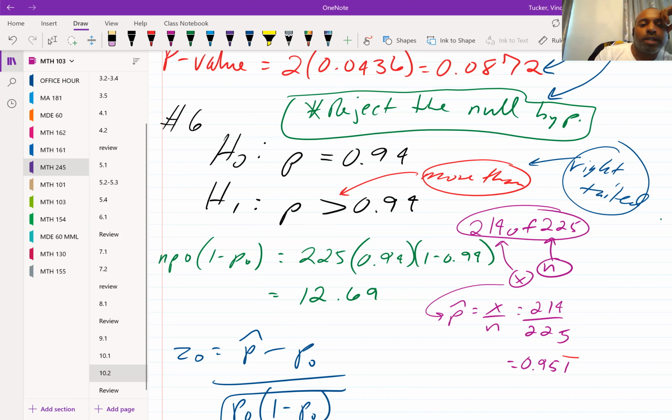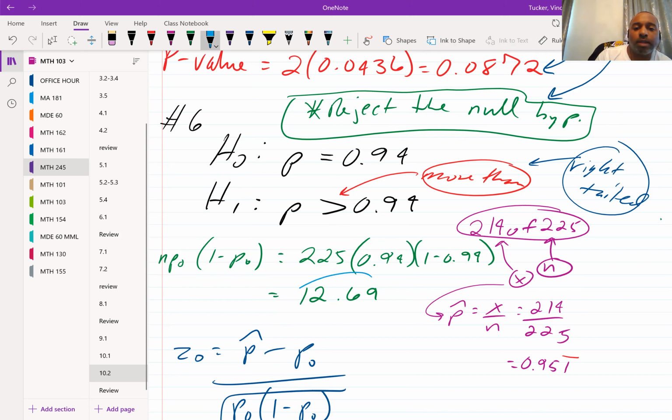Then they ask us about our initial condition. Sample size, 225. They gave me 214 of 225, so the 214 is my X and 225 is my N. My P naught is the 94. Remember, whatever that initial percentage is, that's your P naught.